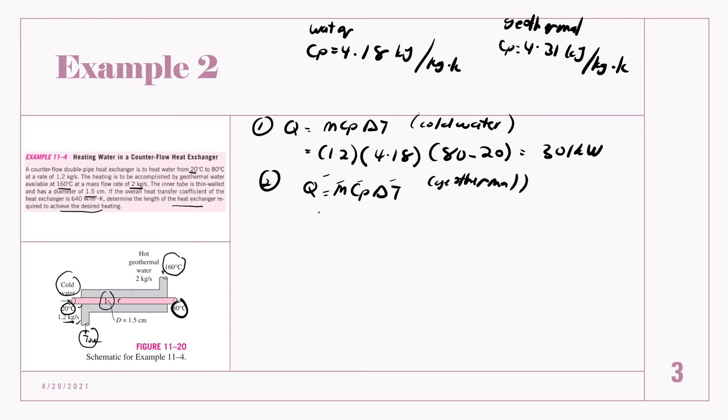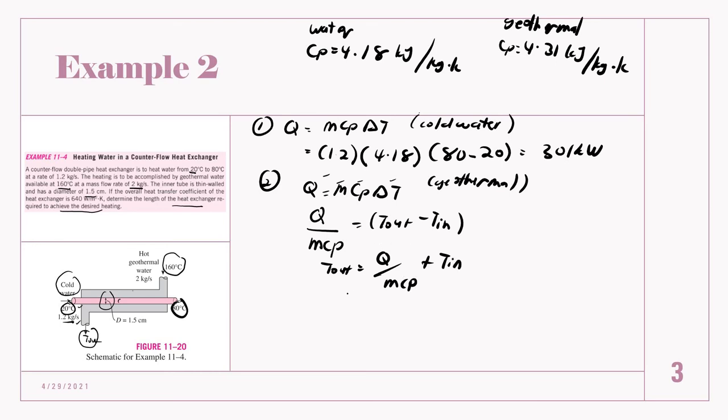So we rearrange the equation first. Q over m Cp, delta T is T out minus T in. So T out is equal to Q over m Cp plus T in.